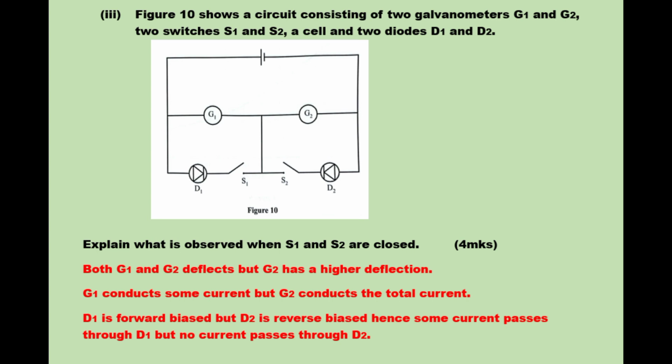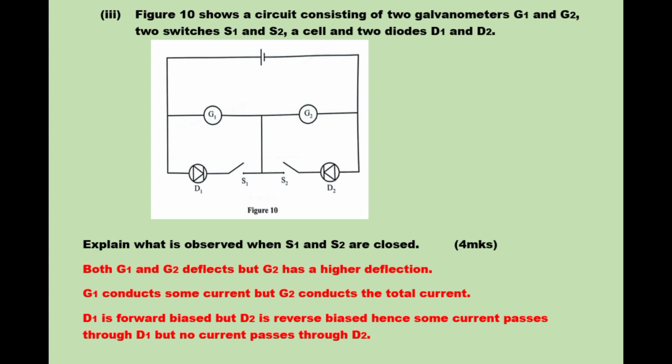Both the galvanometers, G1 and G2, are deflecting, but galvanometer 2 has a higher deflection. G1 conducts some current, but G2 conducts the total current. D1 is forward biased but D2 is reverse biased. Hence, some current passes through D1, but no current passes through D2.